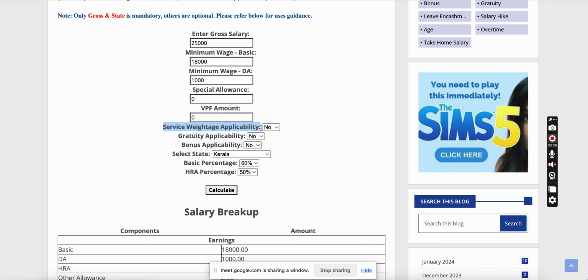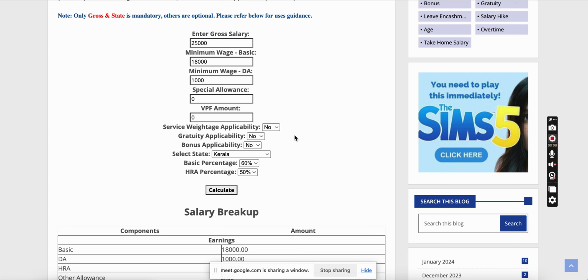And in Karnataka also it is applicable only for employees who have completed 1 year in the organization, not for new employees. So you will say yes if you are preparing a salary revision for an employee who has completed 1 year of service. If you are preparing for a new employee, it should simply be no.